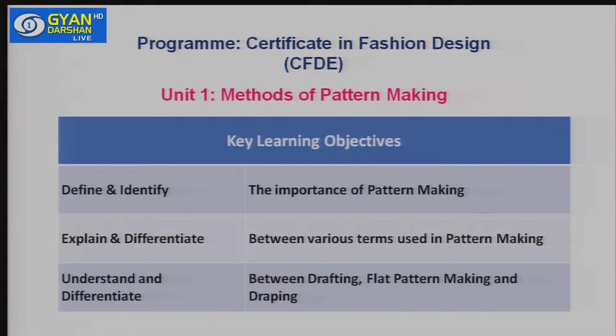After going through this unit, you will be able to define and identify the importance of pattern making, explain and differentiate between various terms used in pattern making, and understand and differentiate between drafting, flat pattern making, and draping. These are the learning outcomes of this unit.